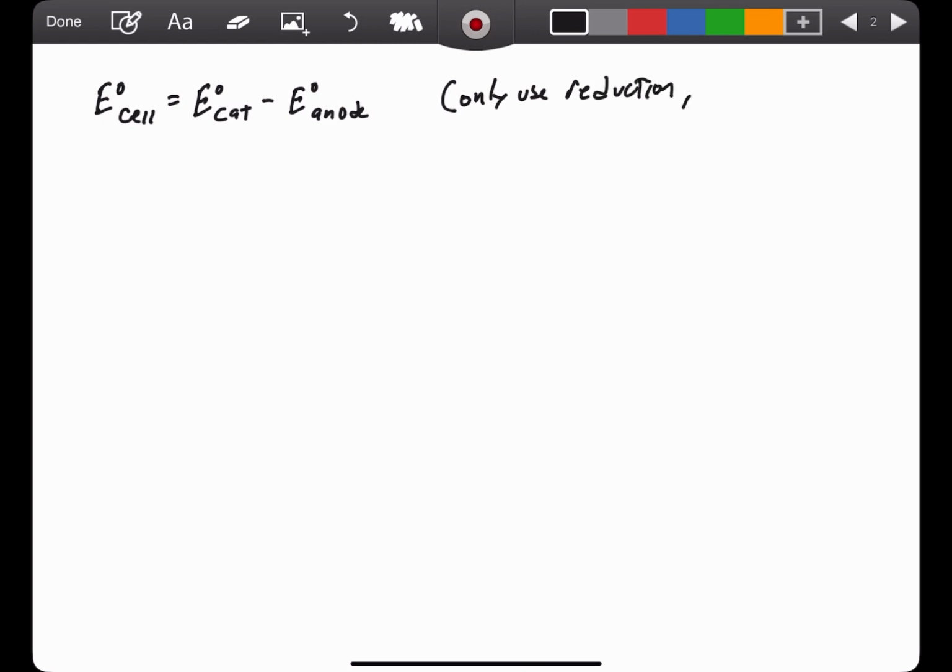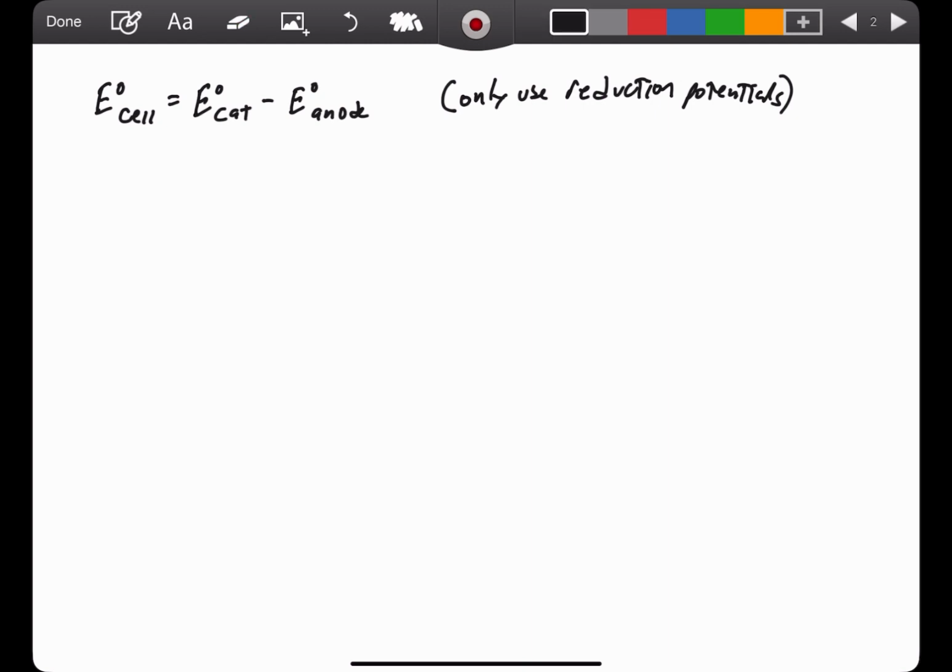That's very important. Okay, even though the aluminum is the anode and it's undergoing oxidation, we've taken care of that with the minus. So we're still going to use the reduction potentials.